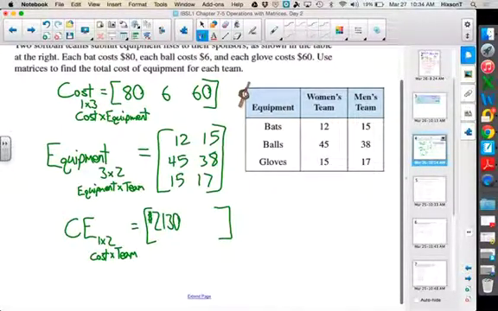Okay, 80 times 12, 6 times 45, 60 times 15. This is 2,130. So that's how much all of the women's equipment is going to cost.